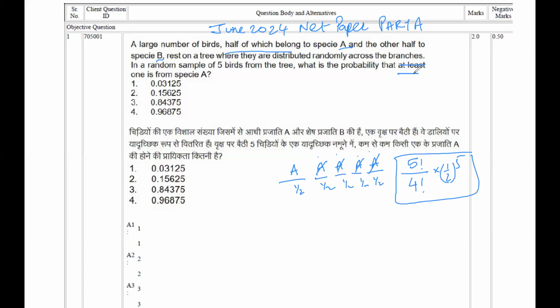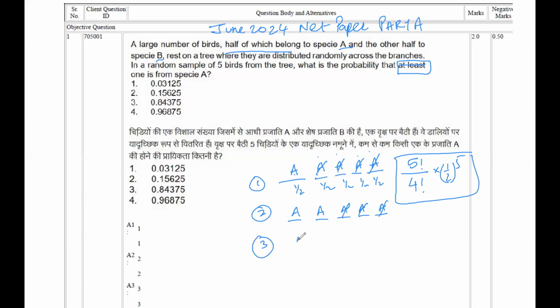But then that word at least changes everything, right? So one way to solve this question is we consider one is when exactly one is from A. Now at least one, meaning one or more than one, meaning it could be all 5. So I'll consider now case number 2 where 2 are from species A and 3 are not.